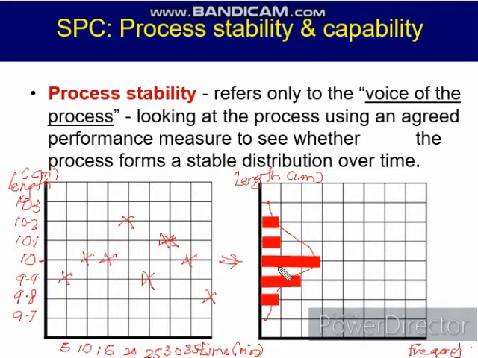If not, then the process is not stable. We're going to go into more detail later on how to do some analysis and what additional things should be on this graph to see whether the process is stable or not.